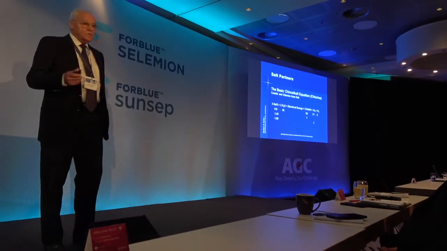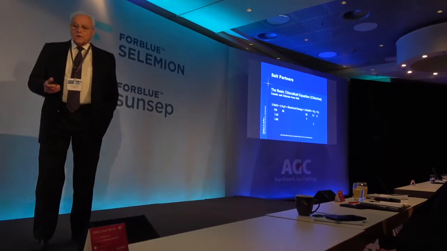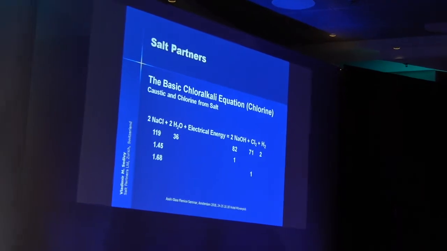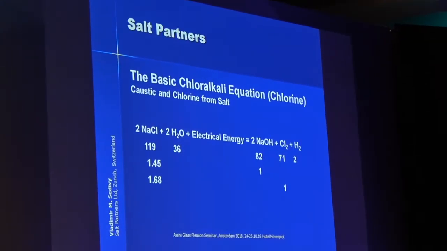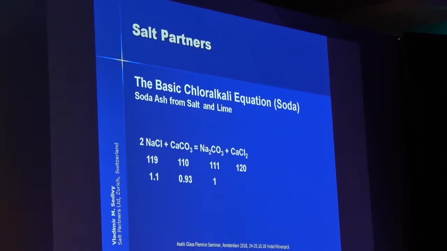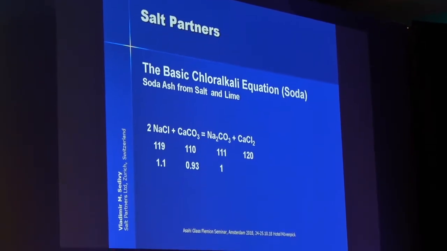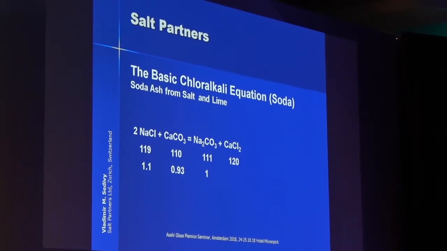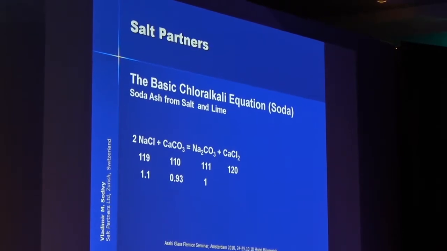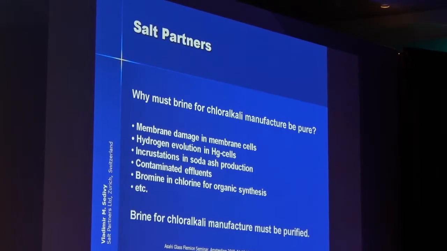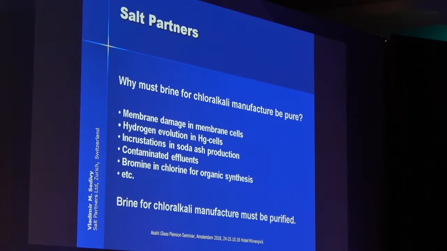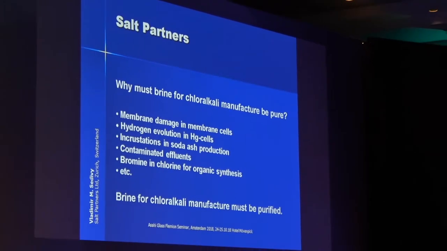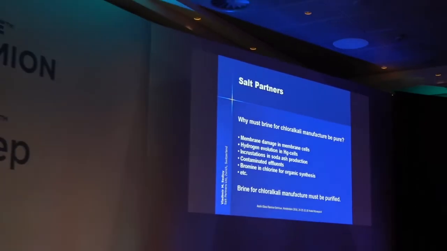So, some of the basics. This is the basic chloralkali equation for chlorine: sodium chloride plus water plus electricity producing sodium hydroxide, chlorine and hydrogen. This is the main equation for soda ash production: sodium chloride plus calcium carbonate produces sodium carbonate and calcium chloride. What is the reason that the salt should be pure for these two basic chemical production processes?